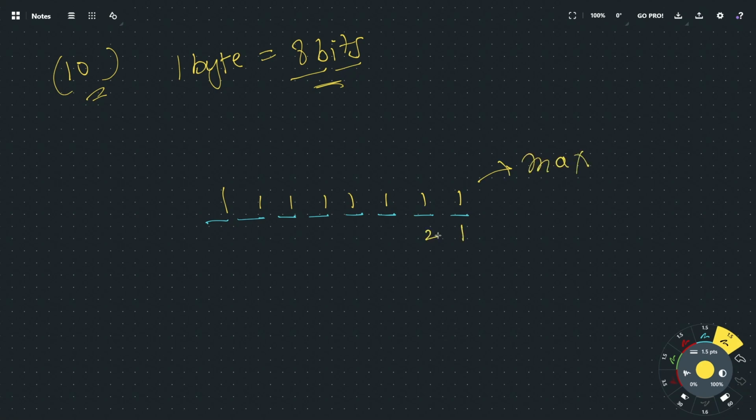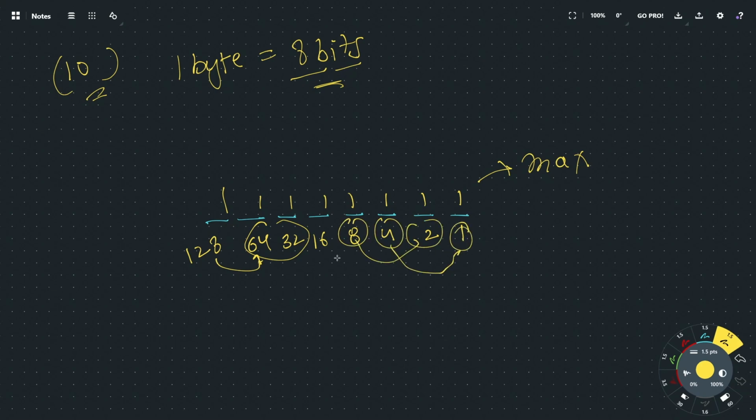So it's 1, 2, 4, 8, 16, 32, 64 and 128. Adding these up, the whole sum comes out to be 255.